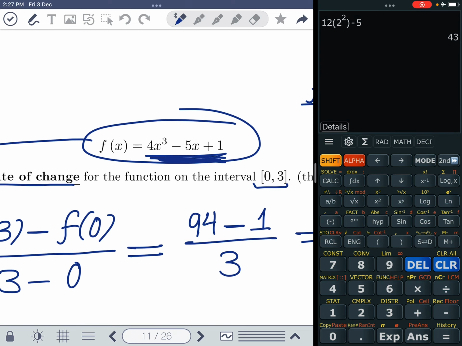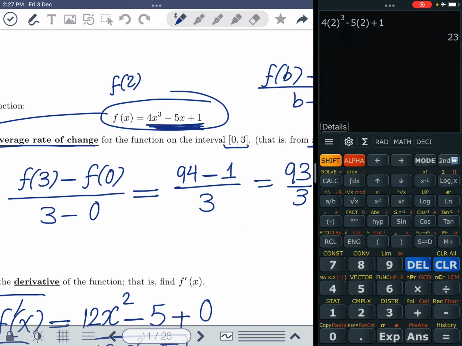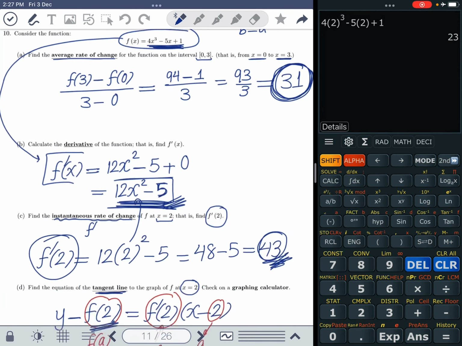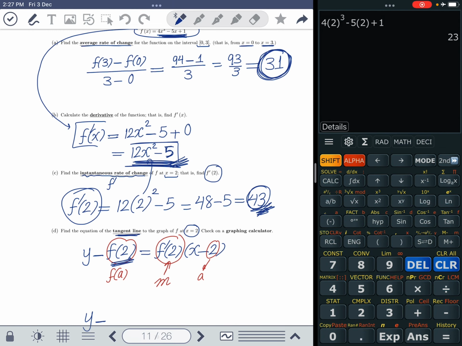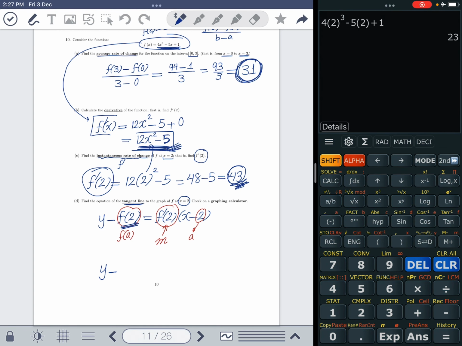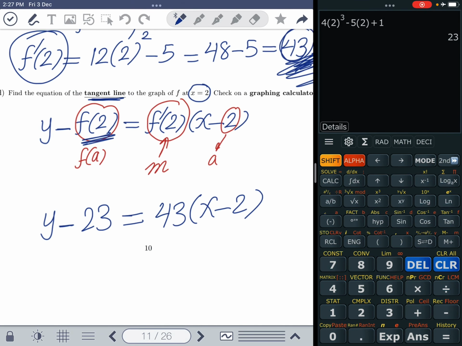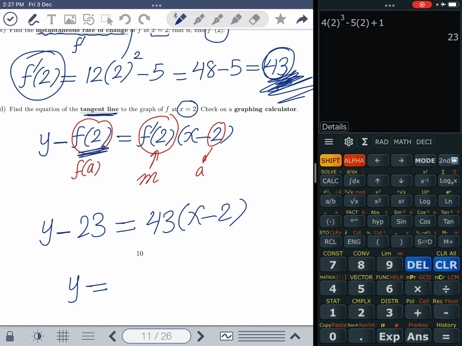Just put 2 instead. We actually can do it on the calculator just by replacing the 3 that we did before by 2. So this will be 23. f of 2, if you replace 2, you'll get 23. So y minus 23 equals, the derivative is 43, times x minus 2. And you can just make it look better by putting everything on the other side.